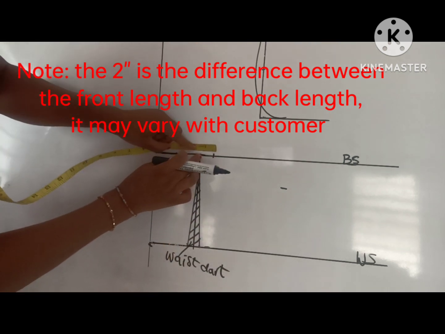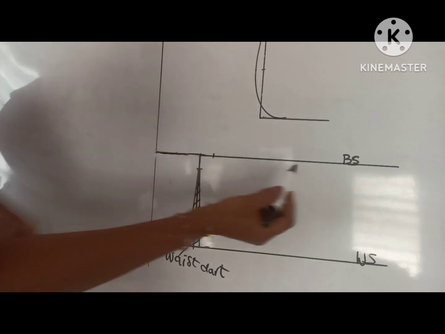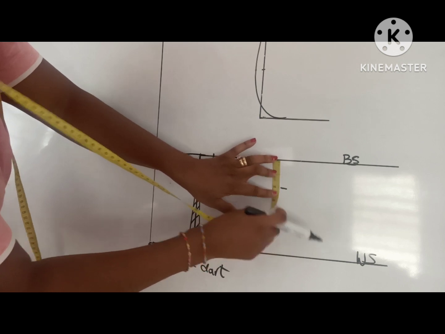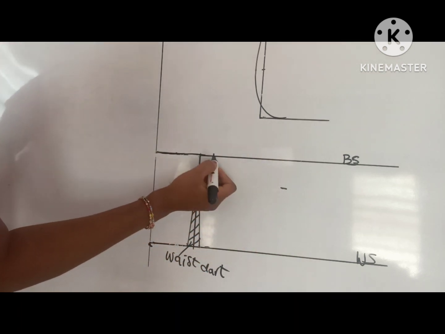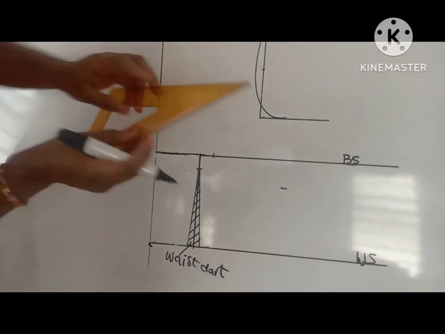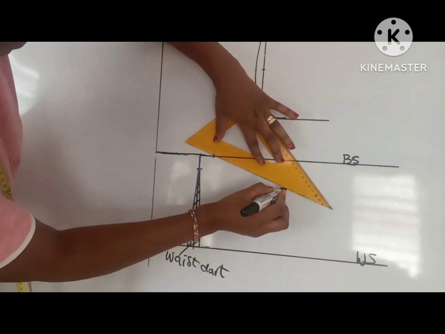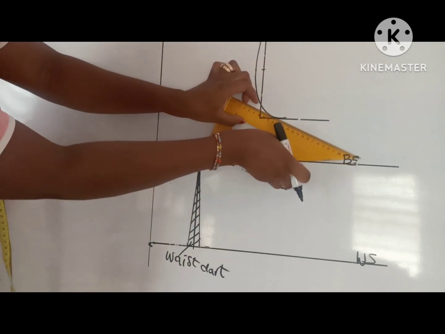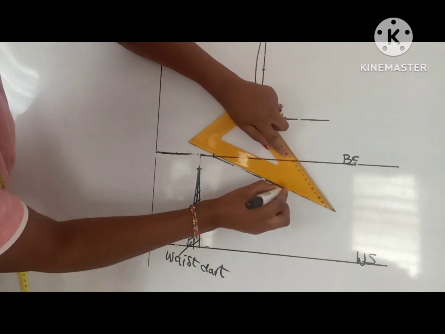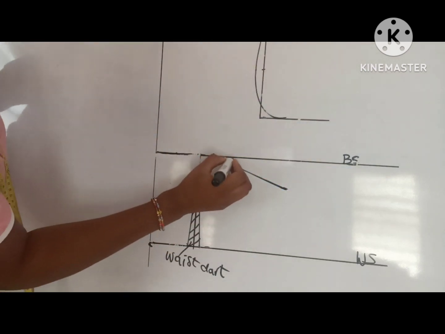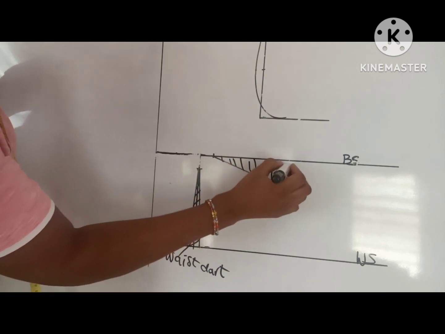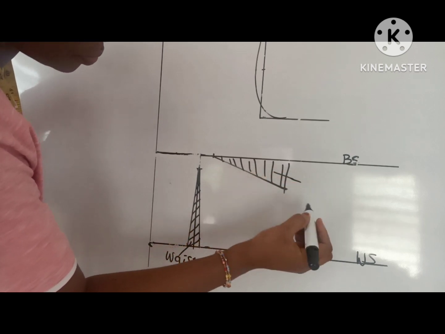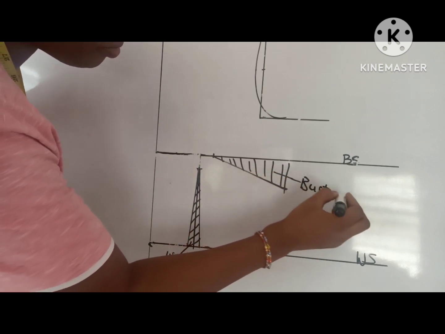You mark 1 inch away from the bust point, and then on this bust line you come down by 2 inches, and then you connect this to this point using a ruler like this. So that is all for the bust dart.